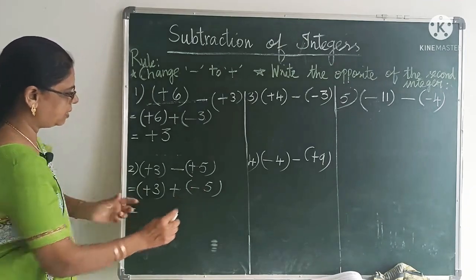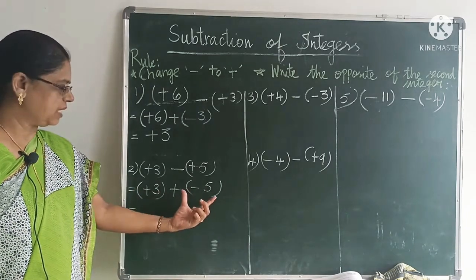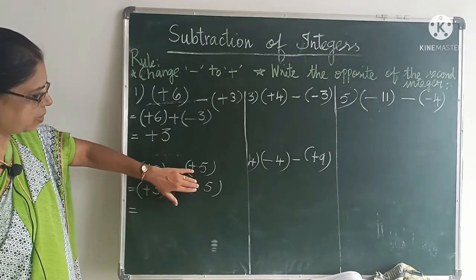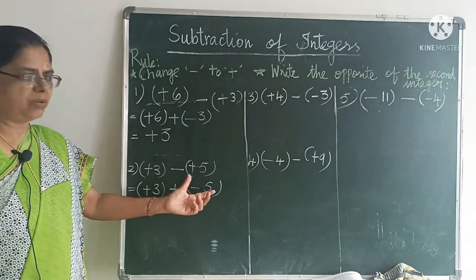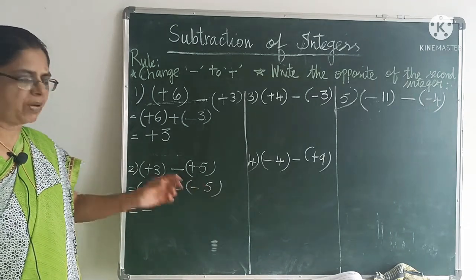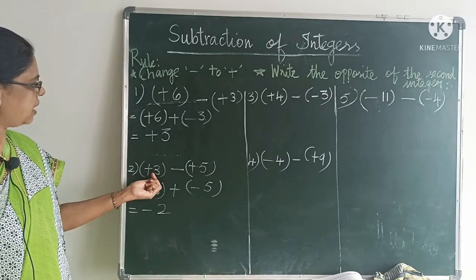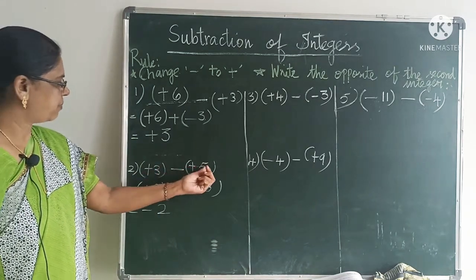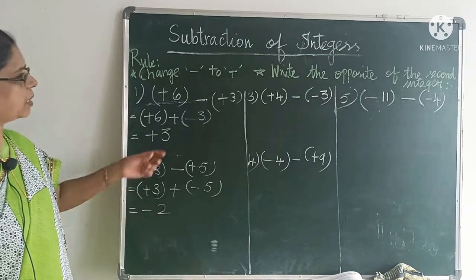Now how will you add these two integers? The integers are with different signs. So put the sign of the bigger number, that is minus. And then find out the difference between 3 and 5. It is 2. So plus 3 minus plus 5 is equal to minus 2.